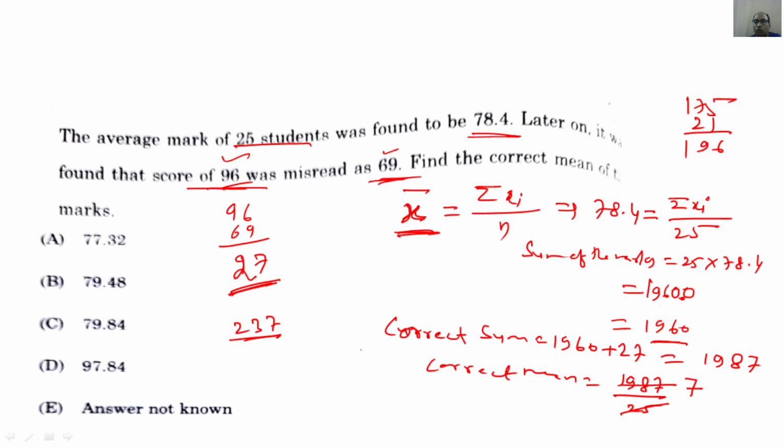Now 237, it means 25 nines are fine, giving us 225, and then 12 is left, and if we put the decimal, it becomes 120. So 25 4s are 100, then again 20 and 200 it will become, so 8. So 79.48 will be the correct mean, and that is option B.